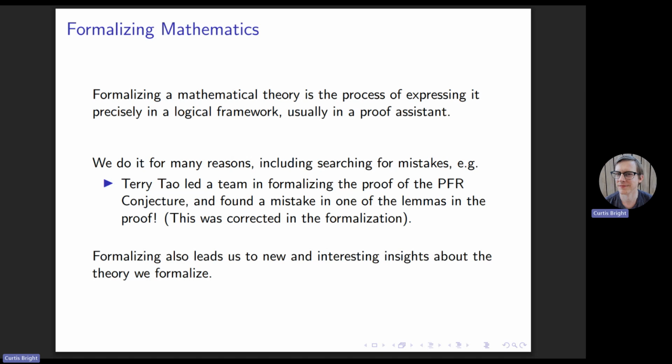Kevin Buzzard talks about it in his blog post. I'm sorry, I don't remember the exact topic off the top of my head. A more recent example is Terry Tao, who led a team in formalizing the proof of the PFR conjecture in November of 2023, and found a mistake in one of the lemmas in his proof, which was corrected in the formalization, and he writes about it on his blog and describes it in detail.